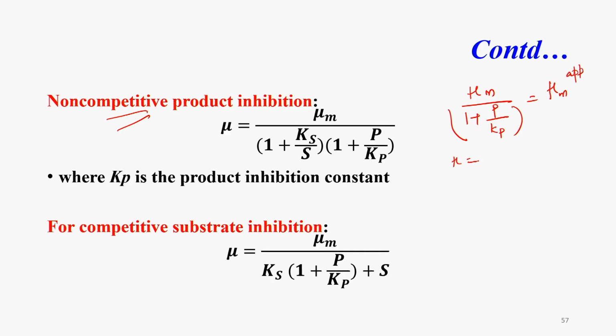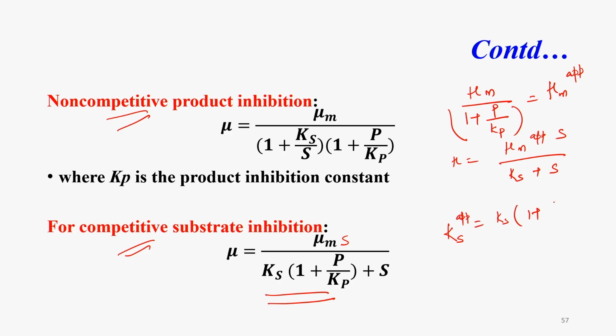So, mu equals mu max apparent S upon Ks plus S. For competitive inhibition, again it will be mu max S upon Ks apparent plus S, where Ks will be increased. Ks apparent equals Ks times 1 plus P upon Kp. Kp is the product inhibition constant.